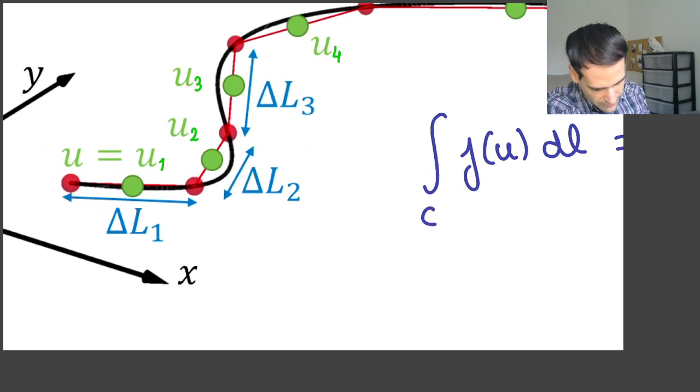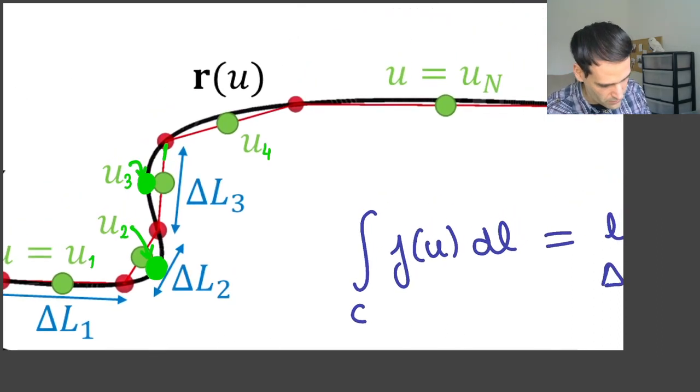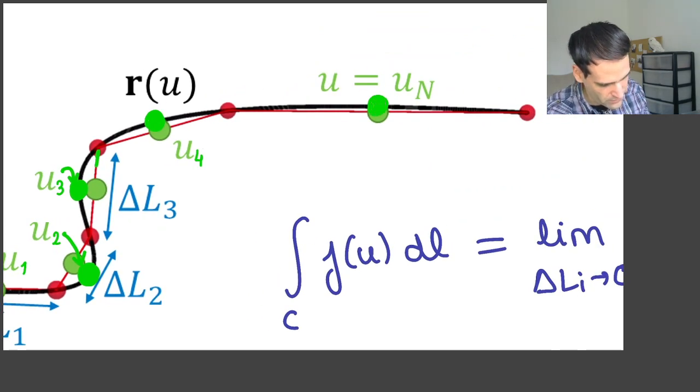Maybe to be correct here, I just noticed that I have drawn the intermediate values of u2, u3 outside of the curve, but actually I should have drawn them in the curve itself. Okay? So this would be u2, this would be u3, and u4 would be on the curve itself, and un also on the curve itself.